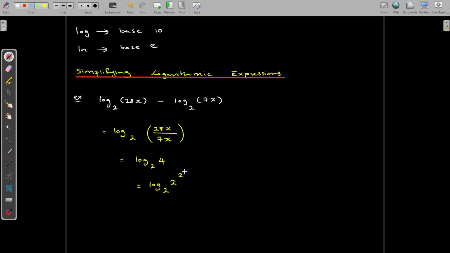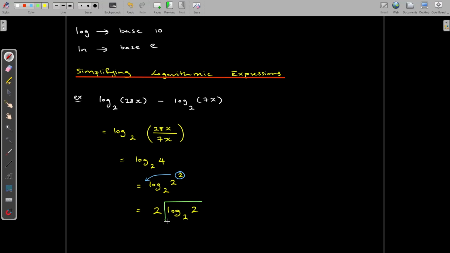Alright, so what will happen now is there's a law that says whenever we have an exponent here, we can bring it to the front. So this will result in 2 log base 2 of 2.